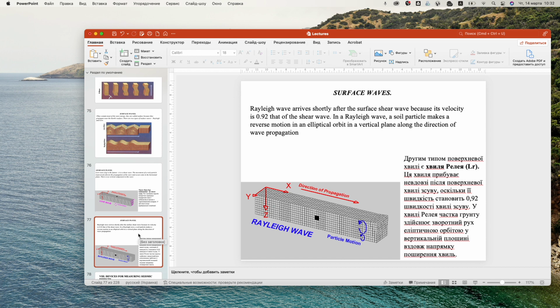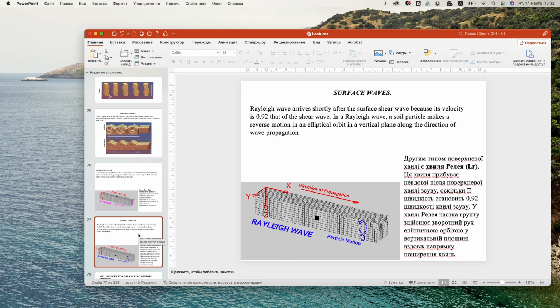So that combination of waves we have to take into account when we are designing our structural elements and our buildings. Further, we will return to that question. But right now, you have to understand that all seismic waves are divided into two main groups. The first group is body waves, and body waves consist of two waves.